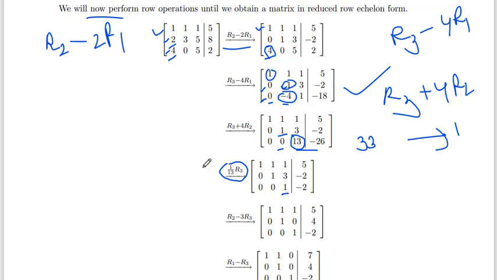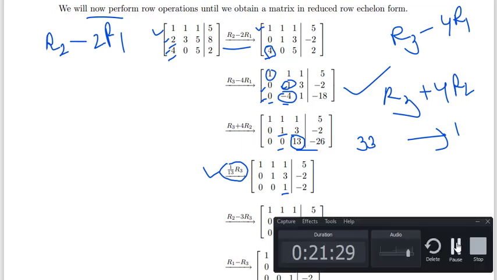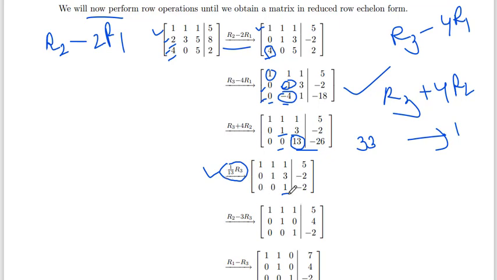So we will multiply row 3 by 1 by 13. Here it will become 1 and minus 26 by 13 will become minus 2. We want this diagonal element as 1. Okay, so this step is complete.